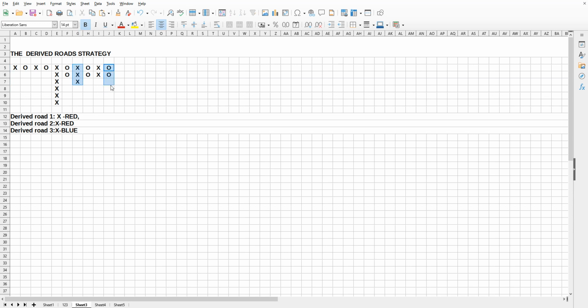That's why these 2 derived roads are asking for the terrible 2's for the red pattern and blue for the break of the pattern for banker, and the opposite for this one is asking for a player for red, and blue is a banker. A player here is blue, because it's a break of the 3 in a row pattern.